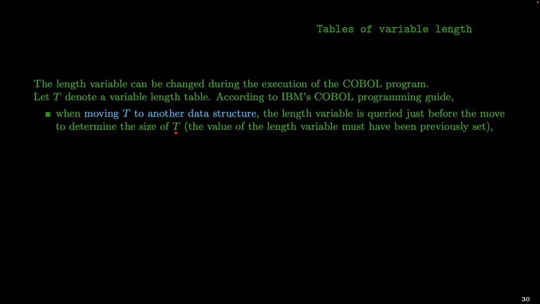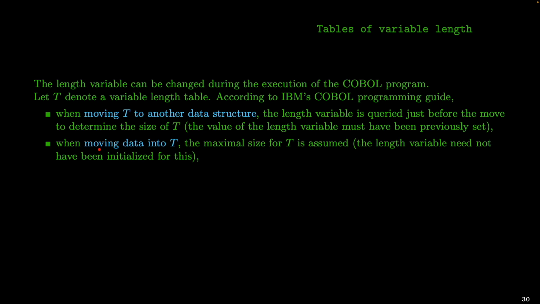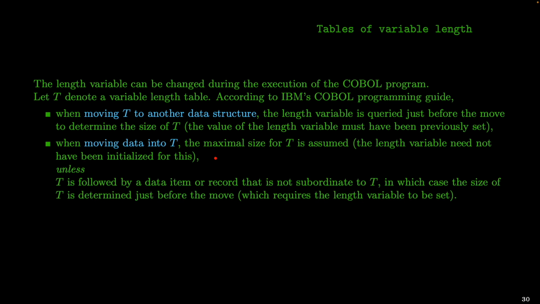So before moving t to another data structure, we must have set the value of the length variable at some point. And when moving data into t, the maximum size for t is assumed. So the length variable does not have to be initialized before moving data into t, unless we have the following situation.